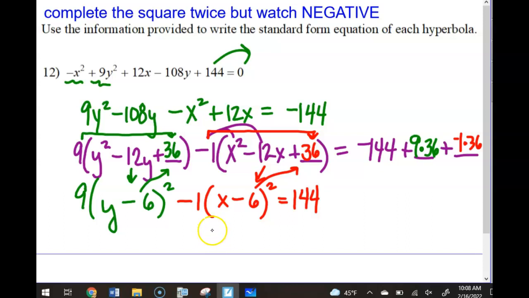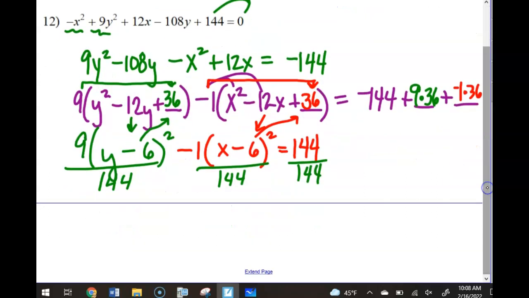What do we have to do? Because the last step is it has to equal 1. So we're going to divide everything by 144. And we will be left with, how many times does 9 divide into 144? 16?